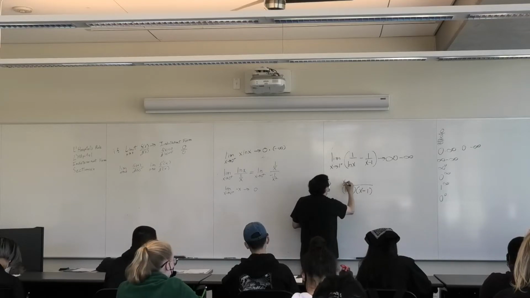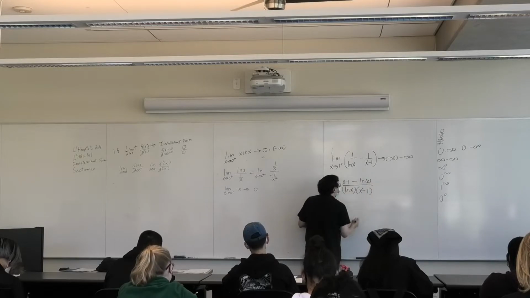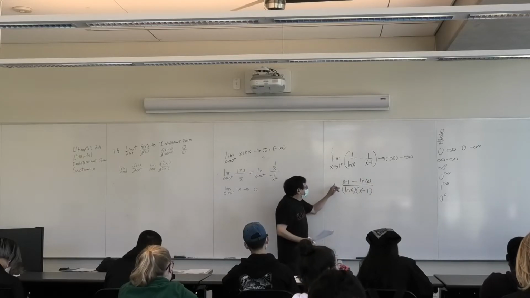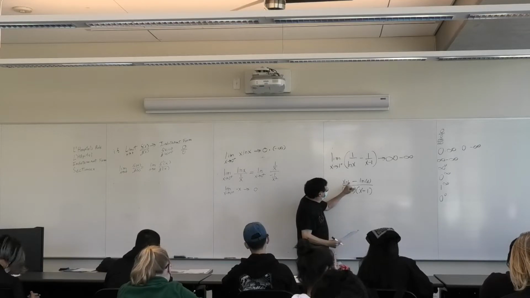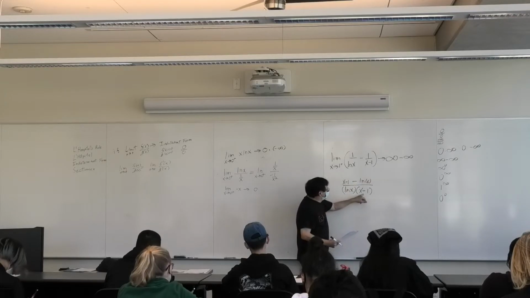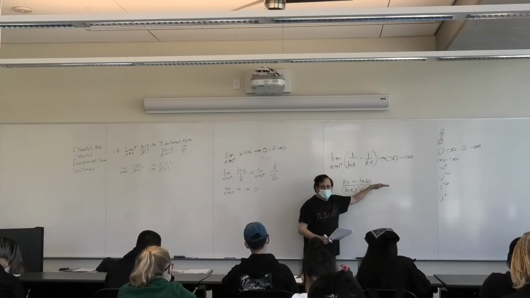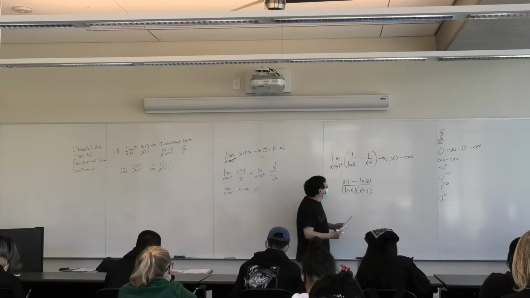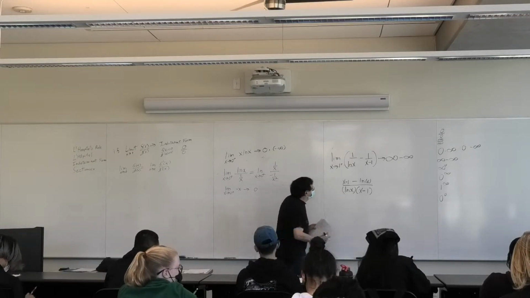So I have x minus 1 minus the log of x. This goes to 1, x minus 1 goes to 0, so you're going to have 0 minus 0. So you have 0 over 0, still an indeterminate form. Now we can apply the rule.